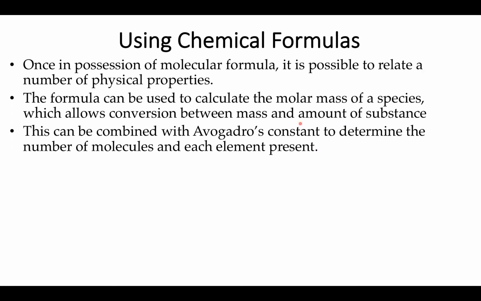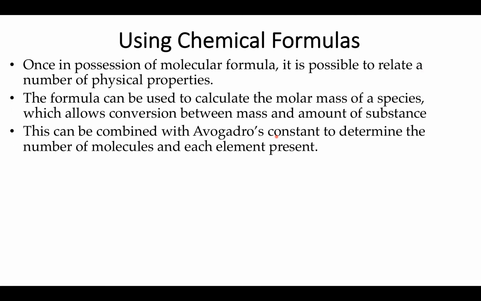So one of the go-tos is you can pair your molecular weight with Avogadro's number to determine the number of molecules present in a system, or even the number of atoms of each element present. And we've played around with this already.